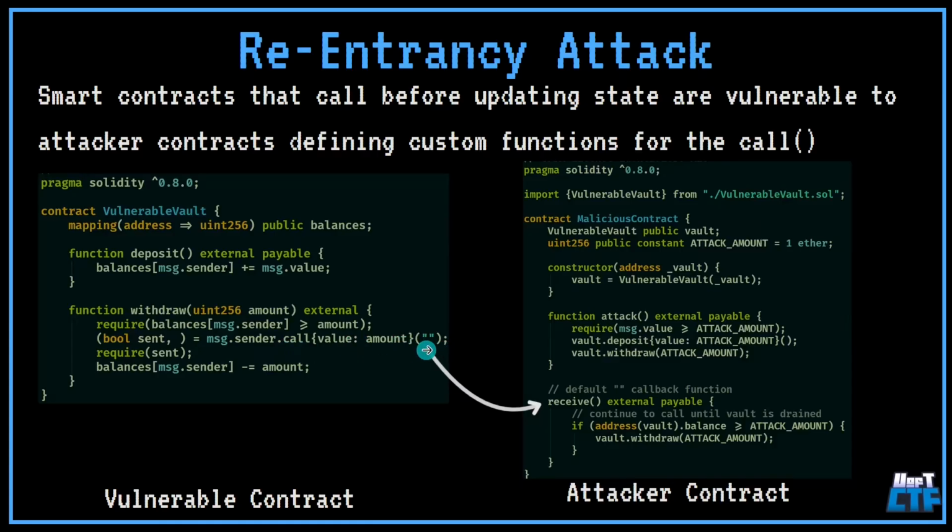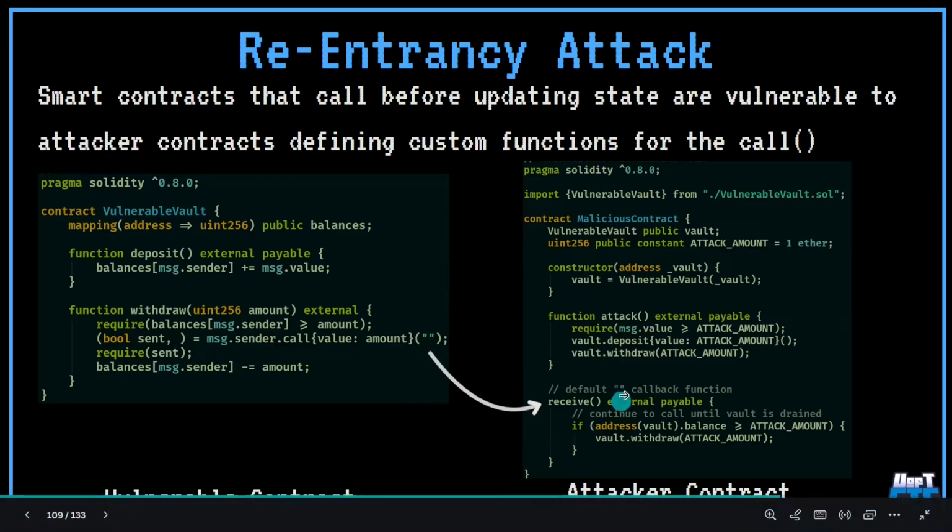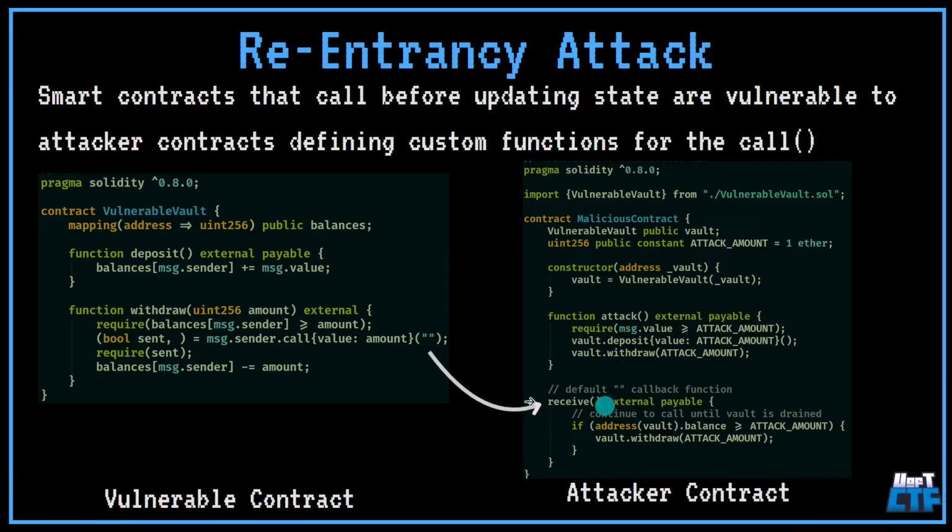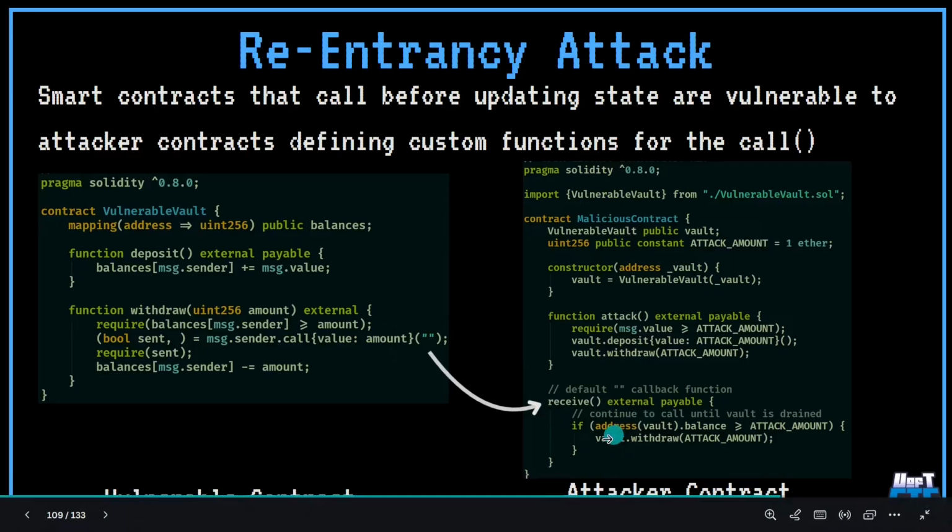Usually we make this nothing because we want to send it to actual users. But what if we call another smart contract and we define a function that is this? Then it would call that function, and this default callback function would continue to call this withdraw.